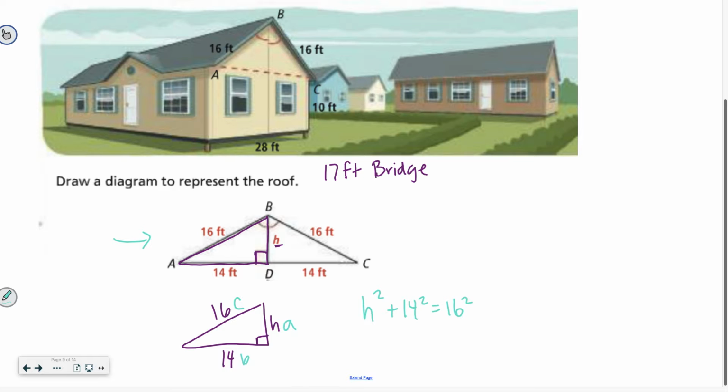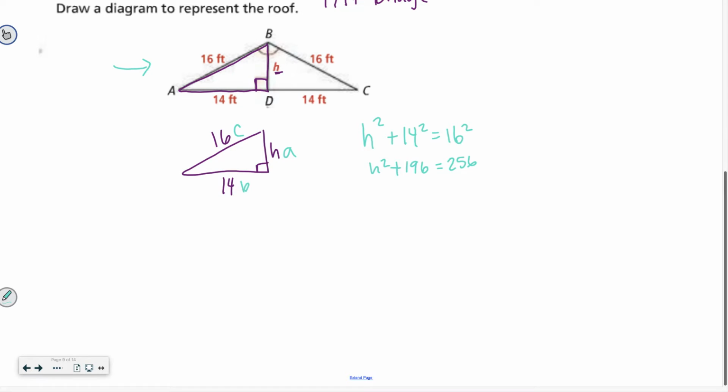So 14 squared is 196. 16 squared is 256. And I still have an h squared. So if I keep solving, I can say h squared equals 256 minus 196 is 60. And to undo a square, we take the square root.